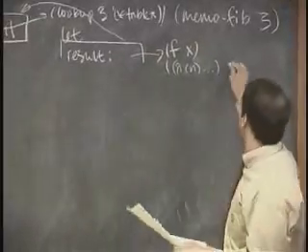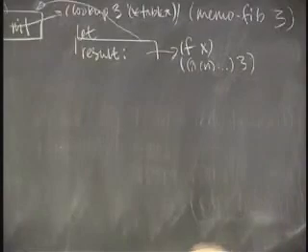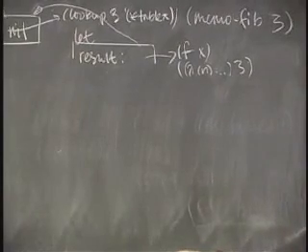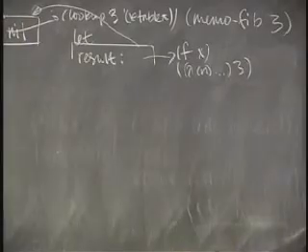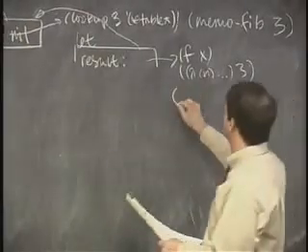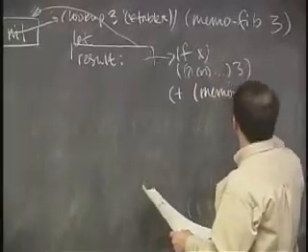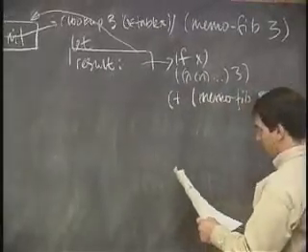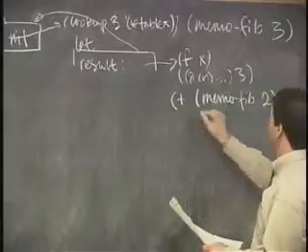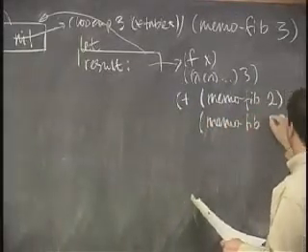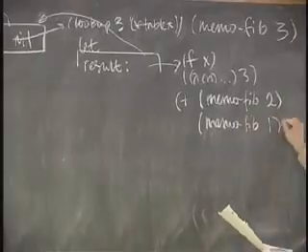X is much closer, it's 3. So looking at that now, lambda of n on 3 will be cond: is 3, 0? No. Is 3, 1? No. Otherwise, we now compute plus memo fib of n minus 1, which will be 2, and memo fib of n minus 2, which will be 1.